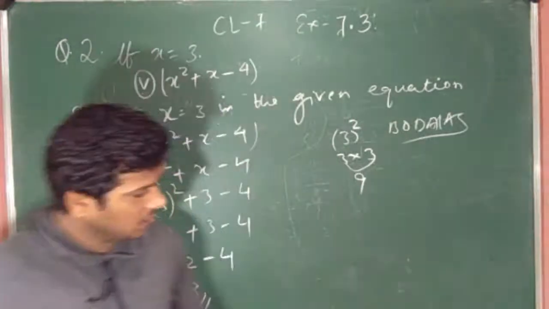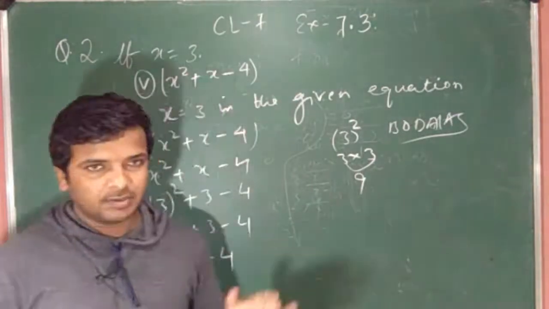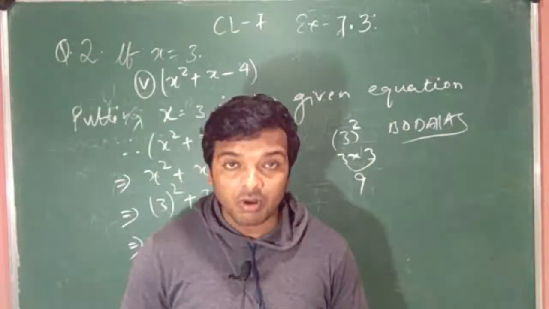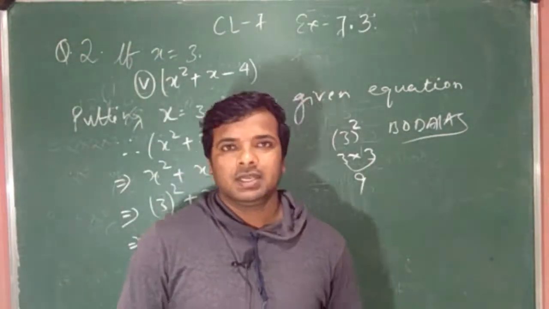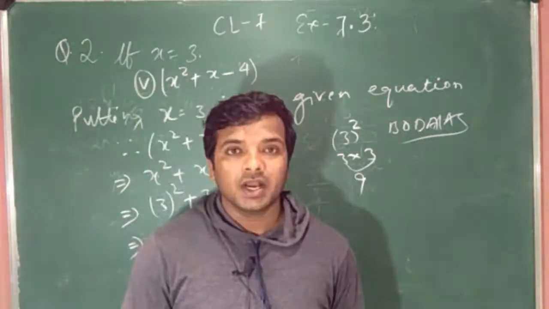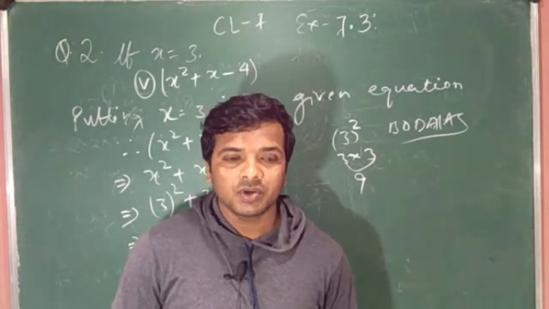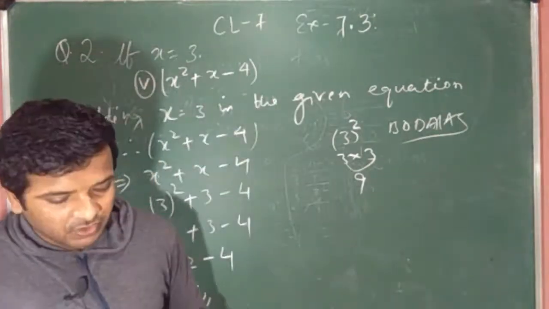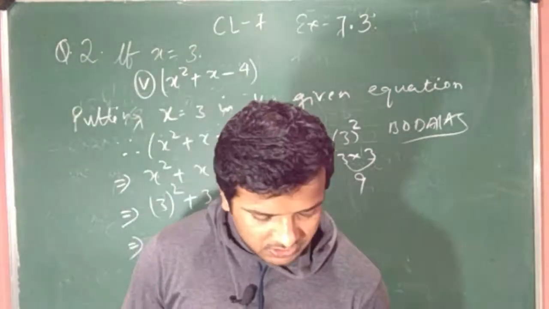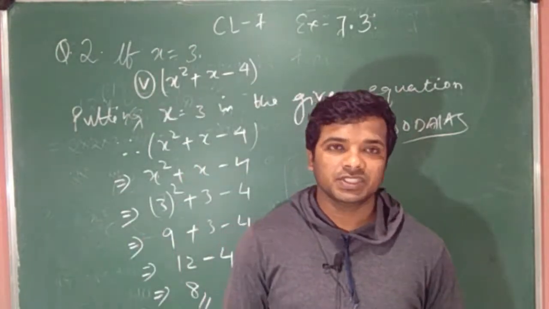So these all are the solutions for exercise 7.3, question number 2, all the Romans. Now we are going to do question number 3. I hope you are writing it in your notebook, because very soon we are going to send the information or circular that you have to submit the notebook for checking.